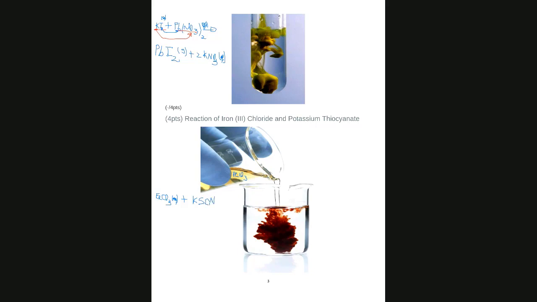This solution here, before the precipitate forms or the color change happens, is clear. So they will give you the reaction. What is the evidence of a chemical reaction here?